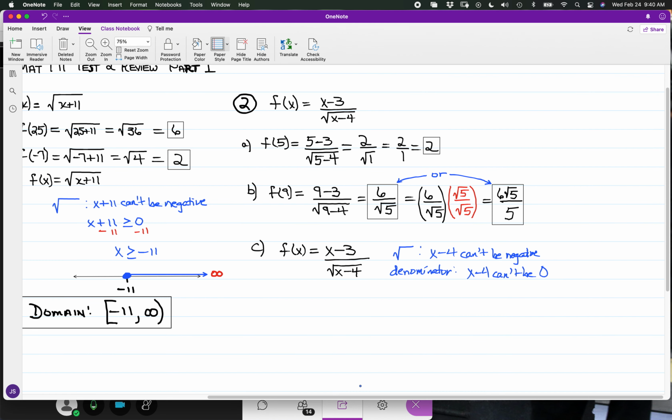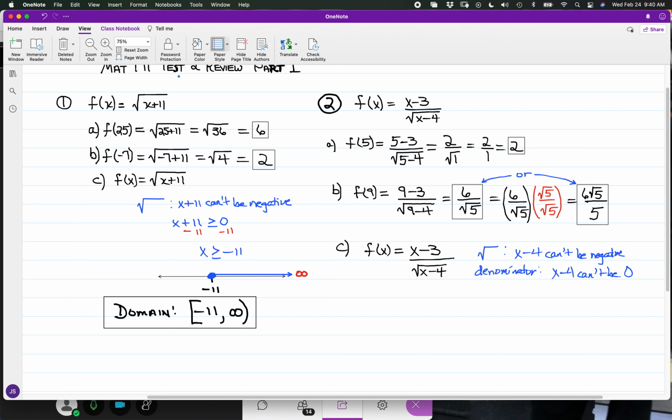Again, just going back, before we had an even root radical expression where x plus 11 could be 0, and the reason for this again is that we don't have a fraction with the square root of x plus 11 on the bottom. But now with the square root of x minus 4 situated on the bottom, there is that added restriction that x minus 4 cannot be 0.